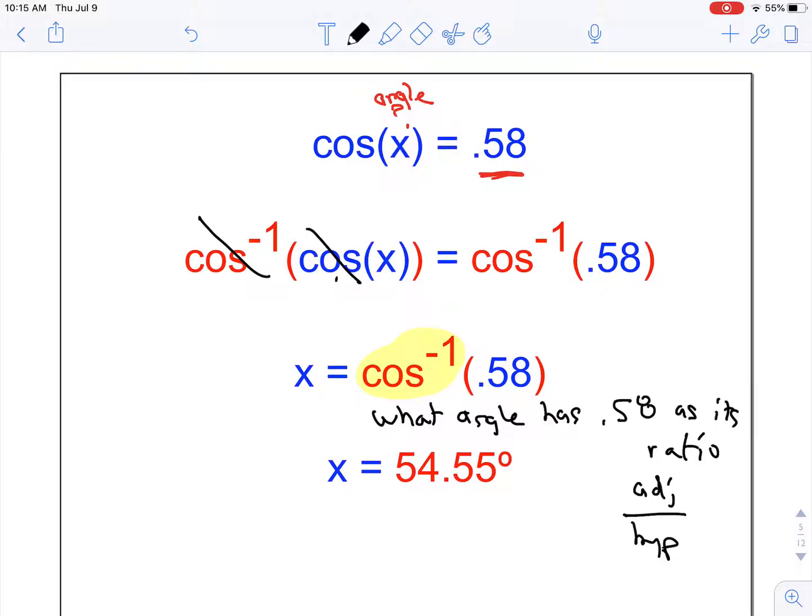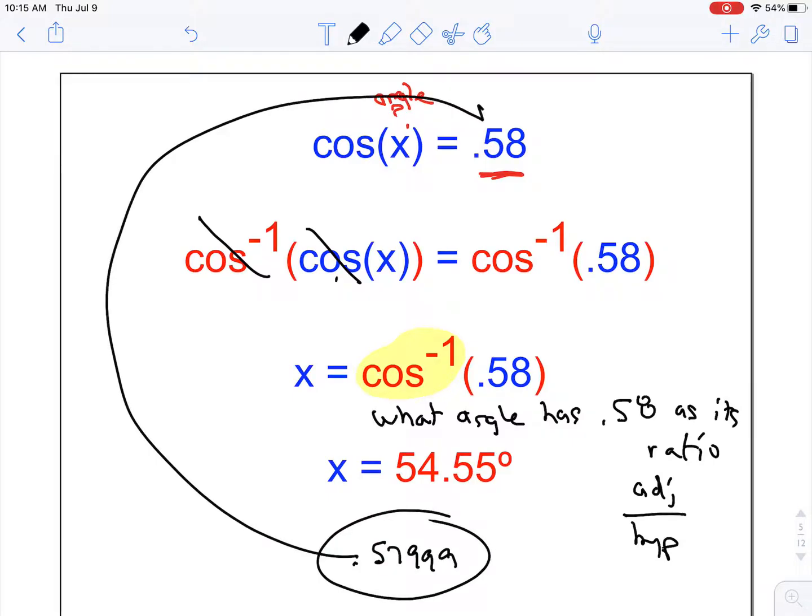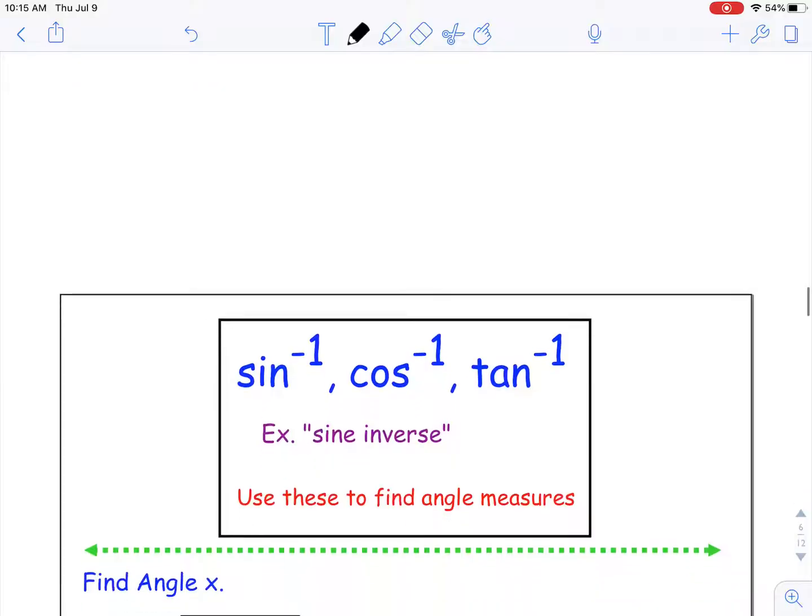And then you'll get the angle measure, 54.55 degrees. And if you go to your calculator and type in the cosine of 54, let's say, or even 54.55, that gives you 0.57999, which is our 0.58. So that's kind of the process of what's going on.